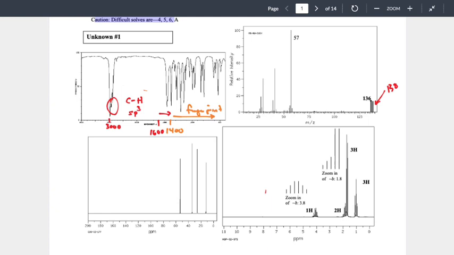Typically, where I would go is a formula: CnH2n plus 2. What does this formula represent? Unsaturation. Close. That formula is a fully saturated structure. Okay, and there is a relationship to the unsaturation.